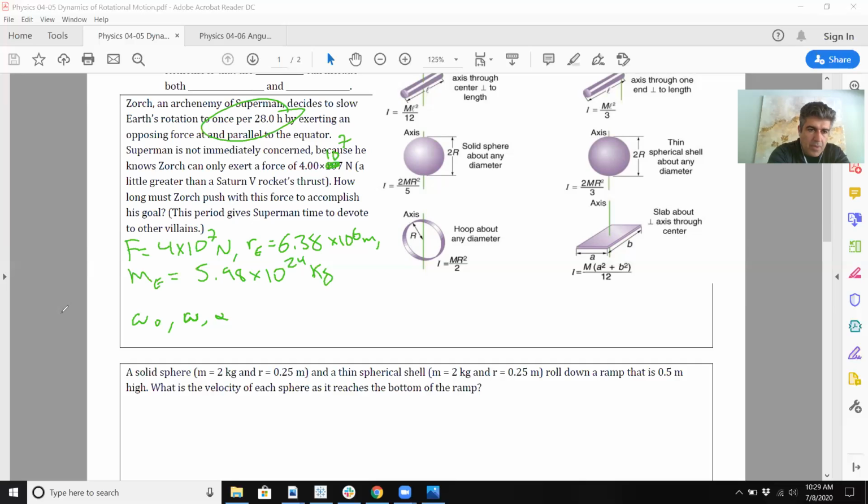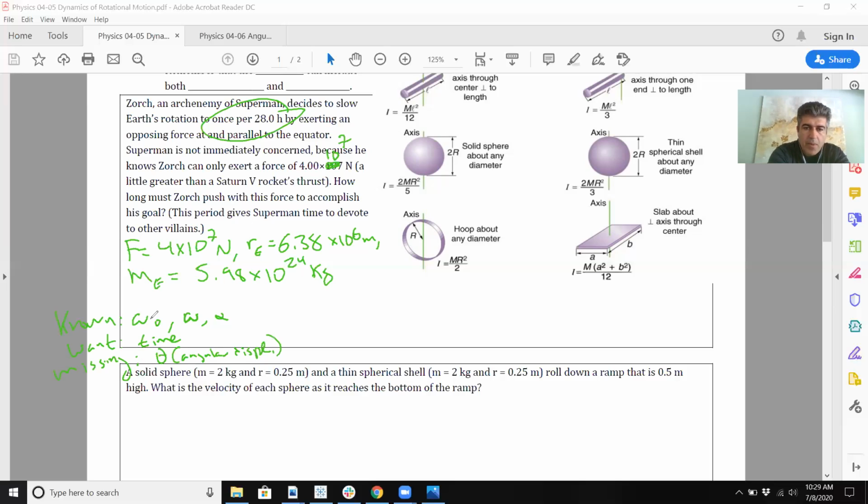So these are going to be like our known values, I suppose. And we want time. And what's missing is theta or angular displacement. We don't really care for that.